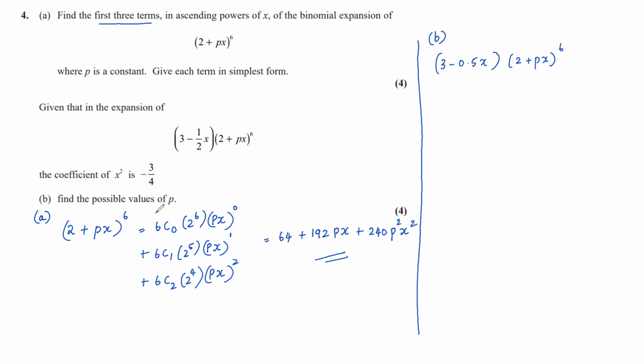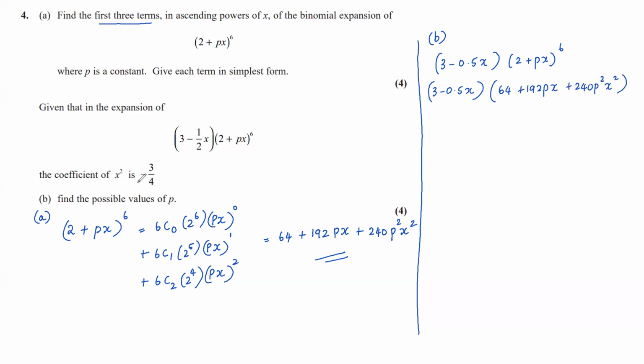Find the possible values of p. Now for (2 + px)^6, we already have the first three terms, so we need only those three terms. So (3 minus 0.5x), and instead of (2 + px)^6, I have the expansion here, that is 64 plus 192px plus 240p²x².